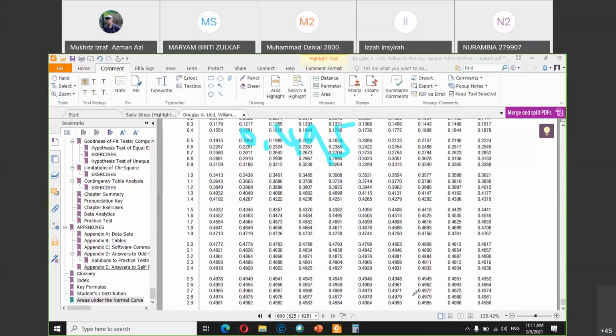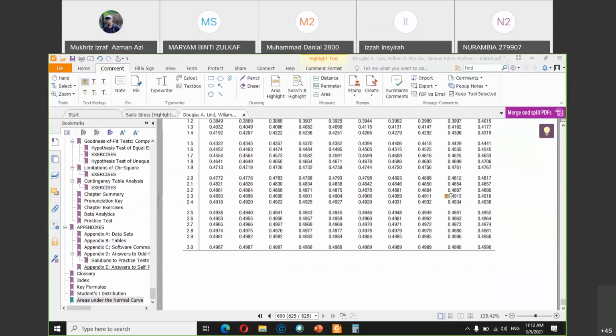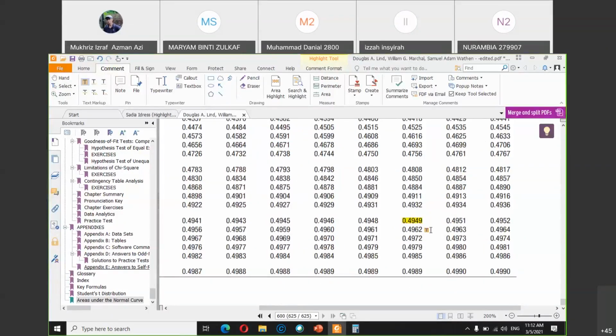So the one that I can find here, the nearest to 0.495 is somewhere here. So I think we can use this one, 0.4949. Let me increase the screen size here. So 0.4949 will be the nearest to 0.495.